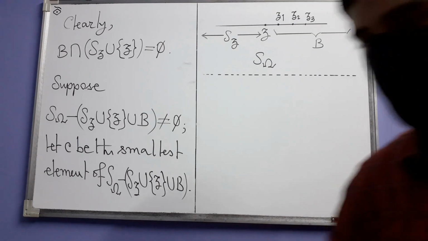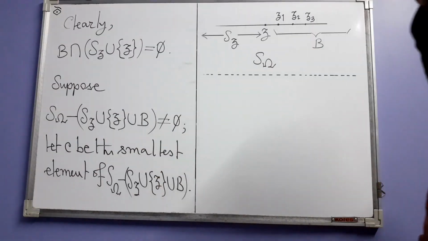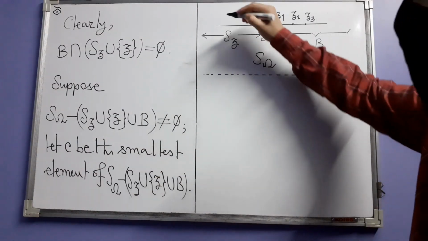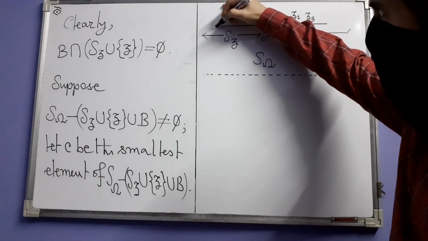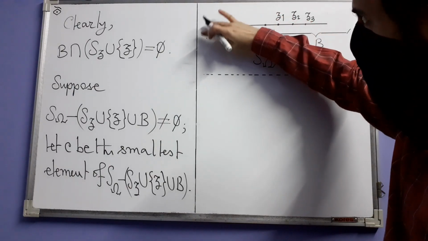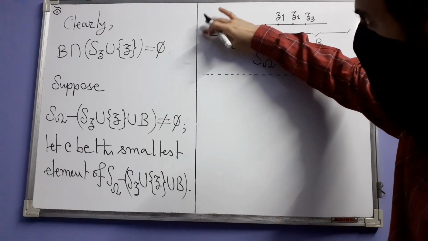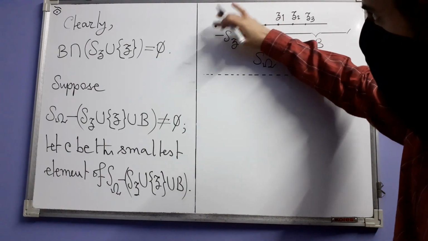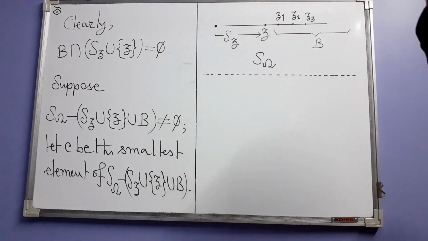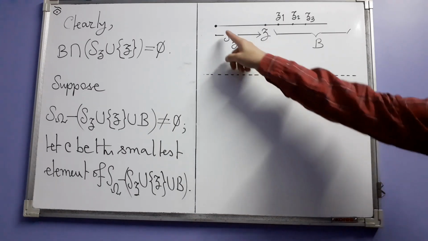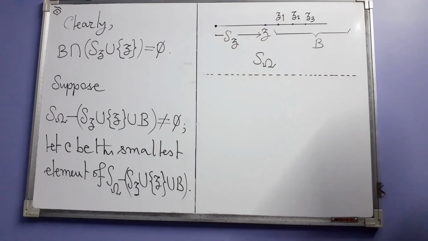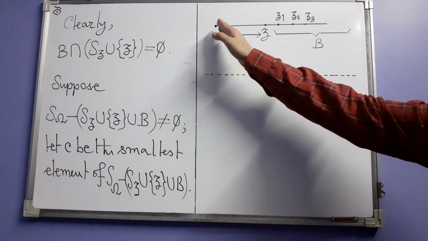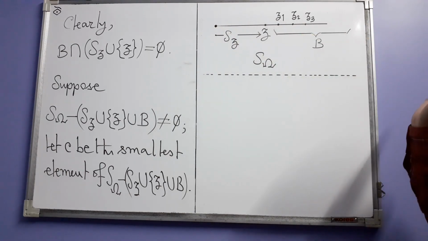Oh, and one more thing, I forgot. Because our set is well ordered, it will have a least element. It won't go to the left indefinitely like that. So S omega starts at some smallest element, and then the elements increase in this direction.